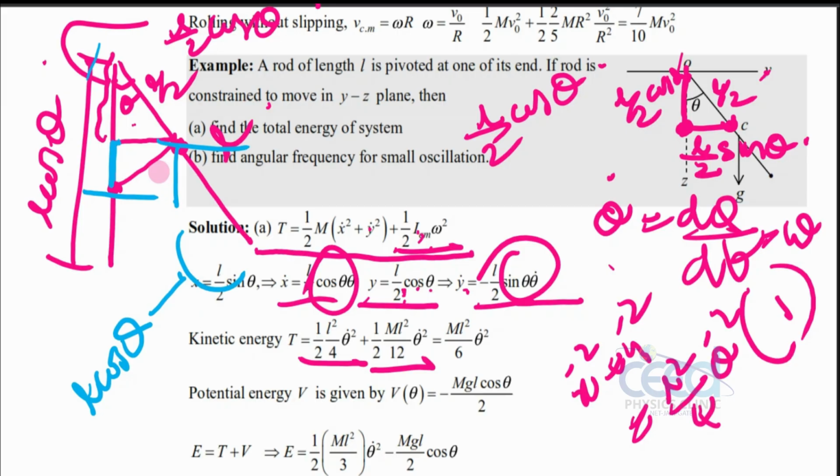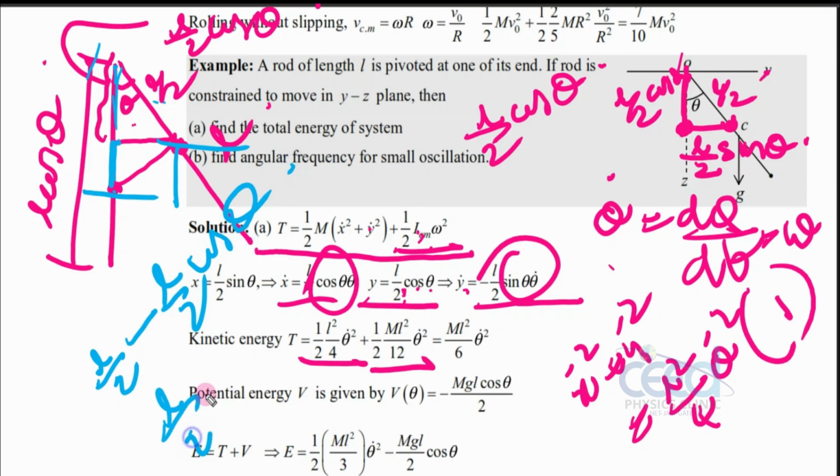You can write L by 2 minus L by 2 cos theta. Then you can write L by 2 into 1 minus cos theta also, right?